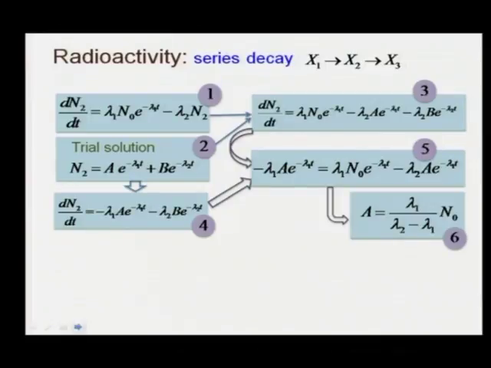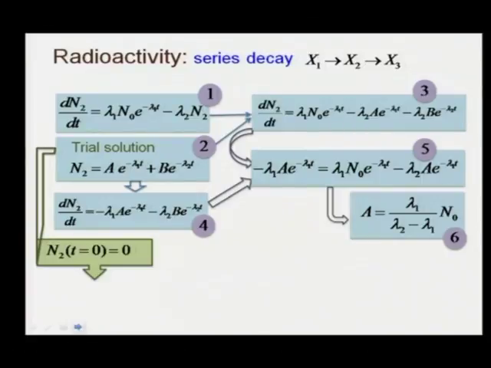So, from these two, with exponential minus lambda 1 t as common, take that away, and then you have A equal to lambda 1 over lambda 2 minus lambda 1 times N0, right.